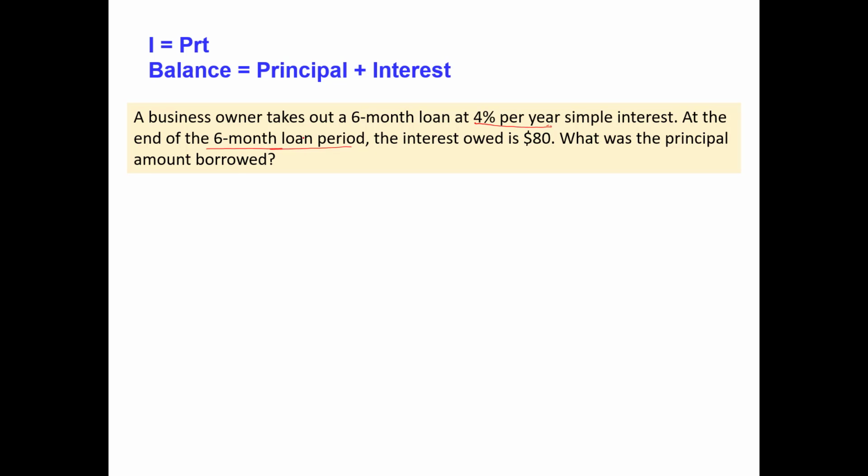We have to be careful with that part. Let's identify what information we know, and we will take care of this because we need the same units for both the time and the rate. We know the time is 6 months.